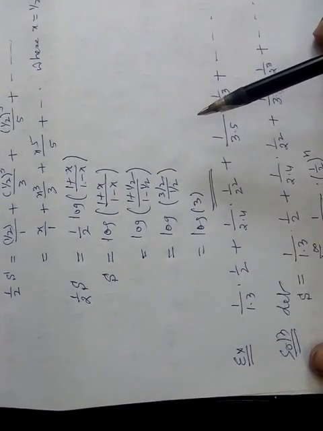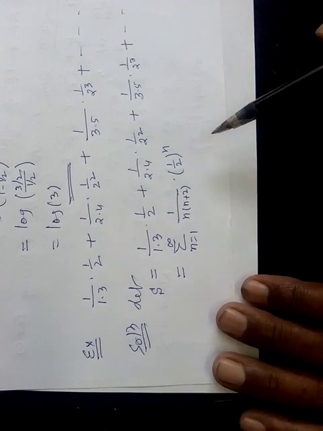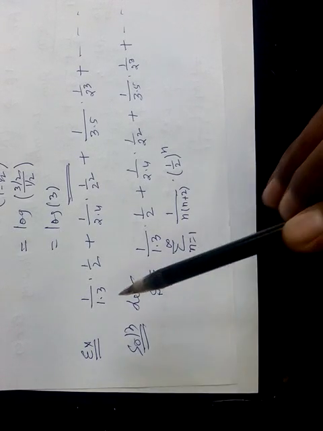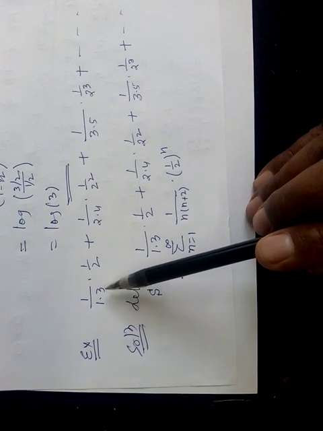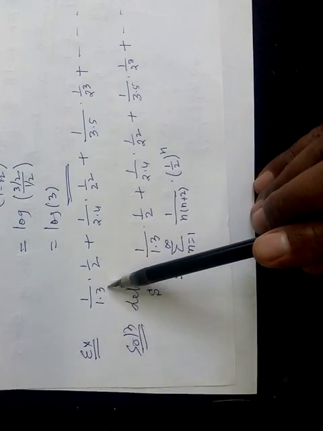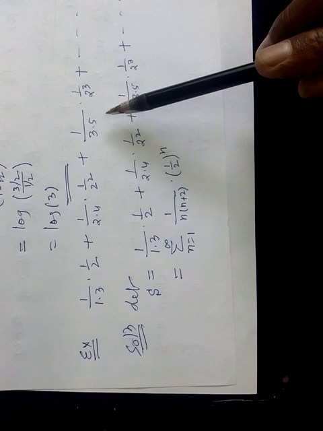Now I will take one more example. In this example, I will take more than one factor in the denominator. In the previous examples you had only one factor, but here you have two factors, 1 into 3, 2 into 4, 3 into 5, meaning more than one factor.